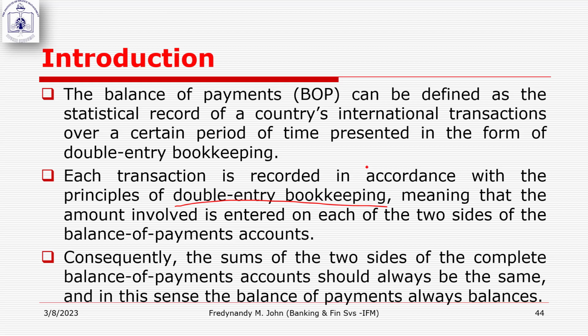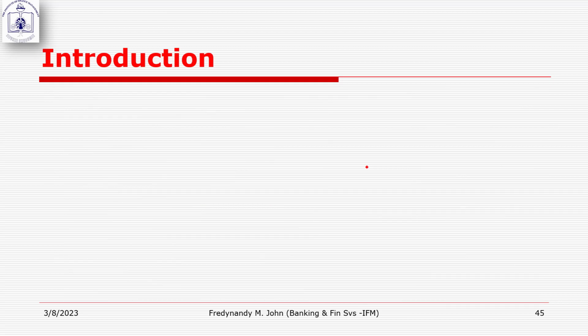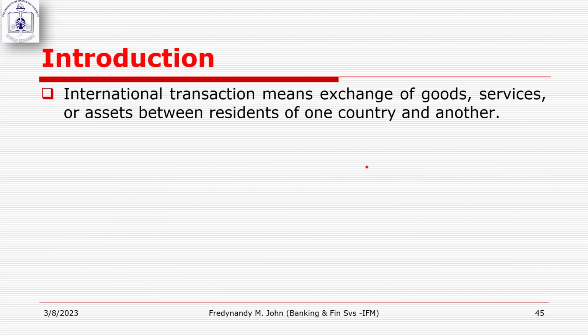In case there is an imbalance, we're going to learn some techniques that we will use to balance all entries in the balance of payment. But most important to remember, the BoP is prepared following accounting entry techniques, where every single credit transaction needs to have a corresponding debit transaction, and vice versa.